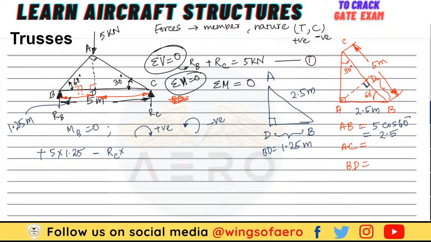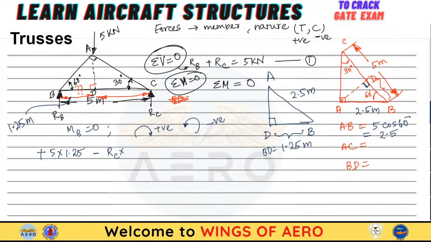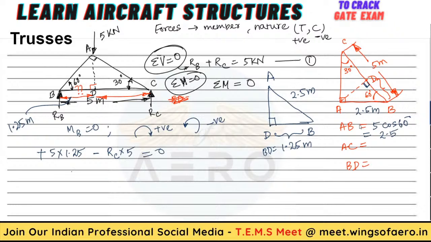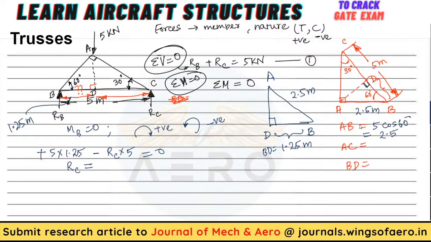Tell me. What is the perpendicular distance? Exactly. 5. Exactly. 5 equate to 0. Now from here I can find my reaction RC, isn't it?